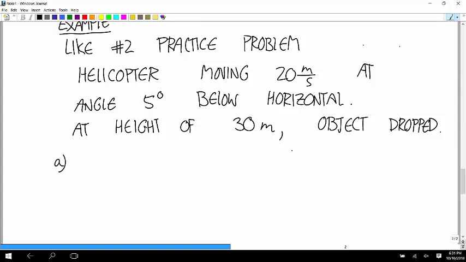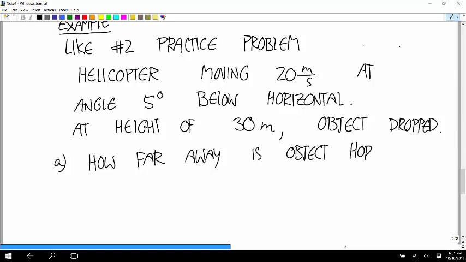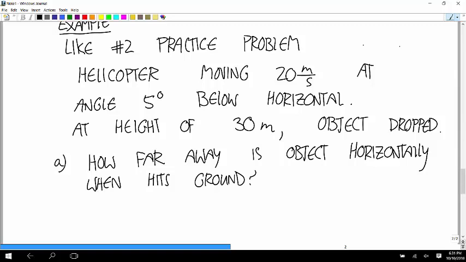So first, how far away is the object horizontally when it hits the ground? In the time between when this object is dropped and when it hits the ground, how far has it traveled horizontally?